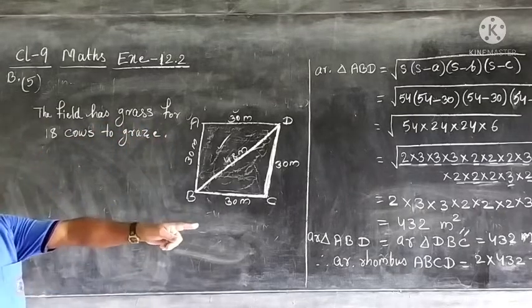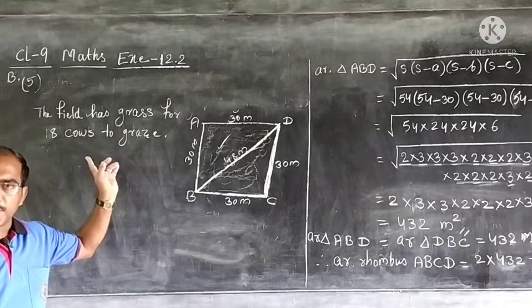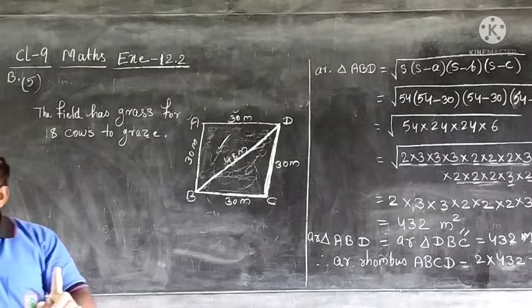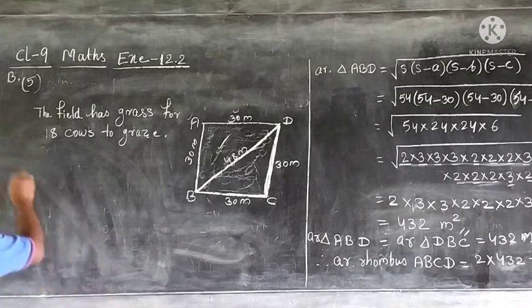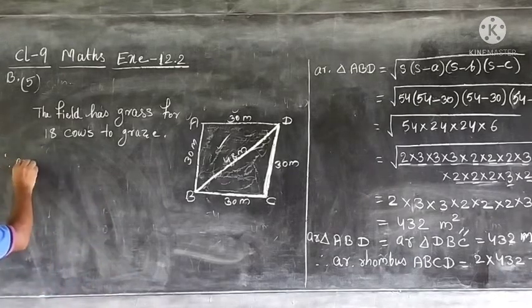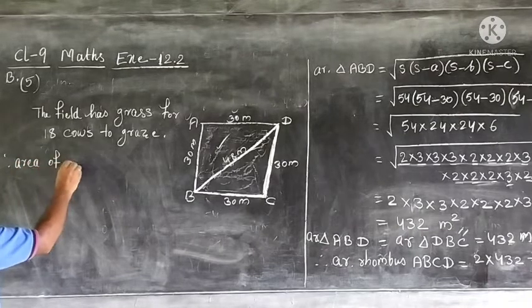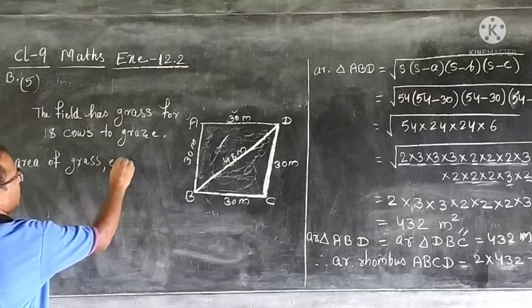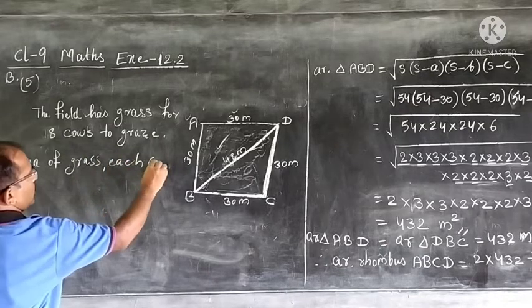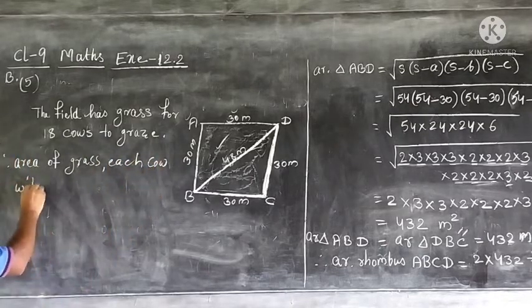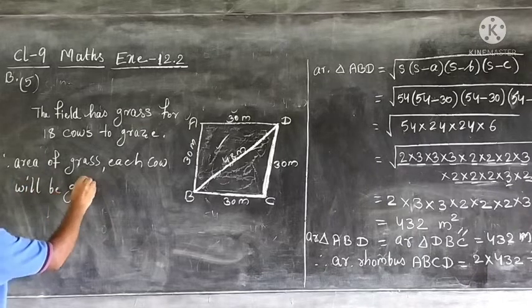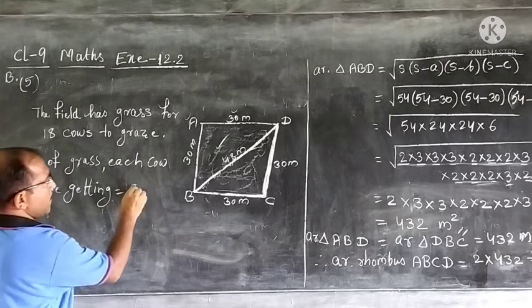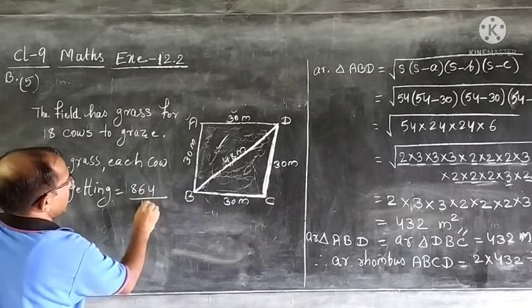That means 864 meter square area is for 18 cows. Therefore, how much area of grass will each cow be getting? Therefore, the area of grass each cow will be getting is the total area, that is 864 divided by 18.